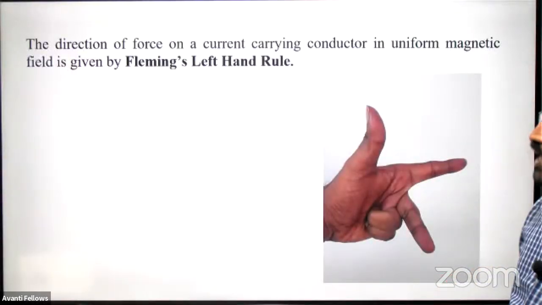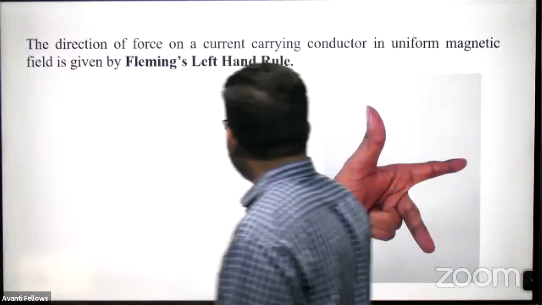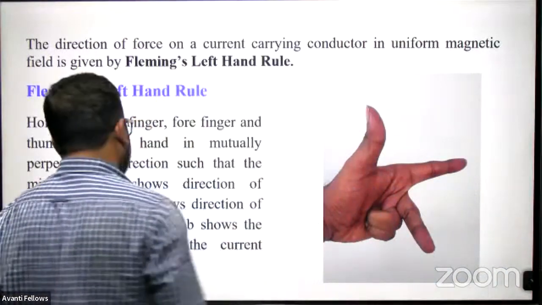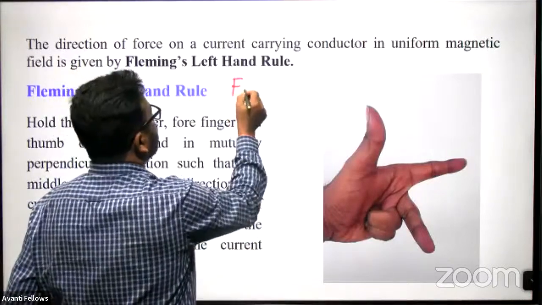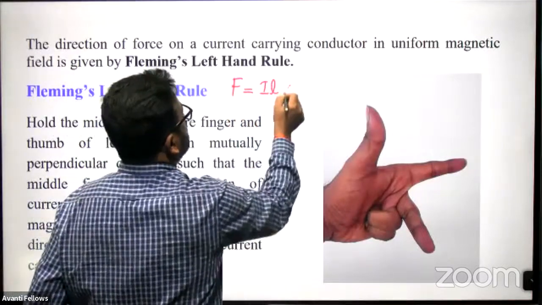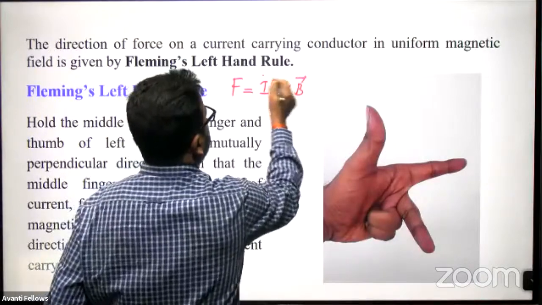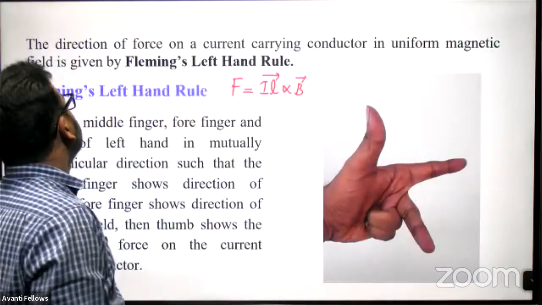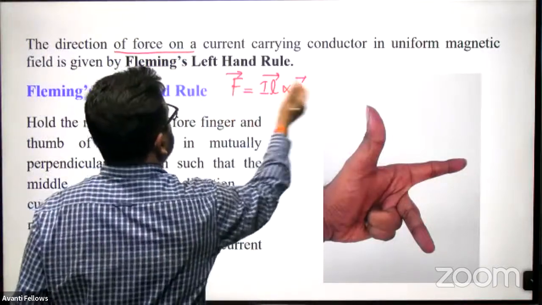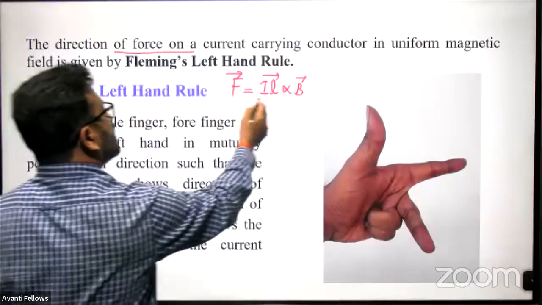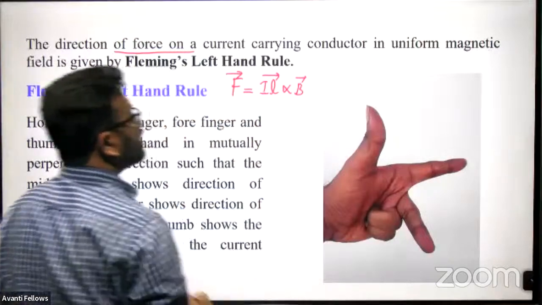Then comes Fleming's left hand rule. We have the equation for the force, that is I L cross B. So what is the direction of force? I L is a vector quantity, and B is a vector quantity.